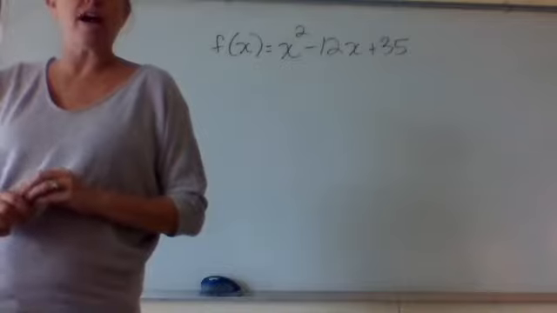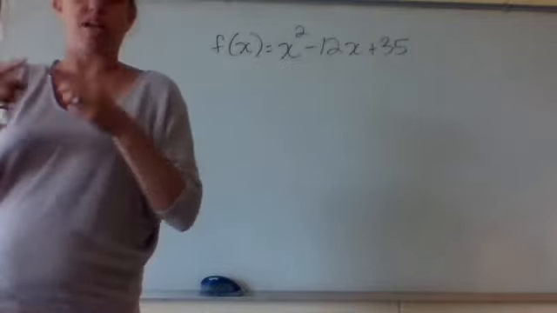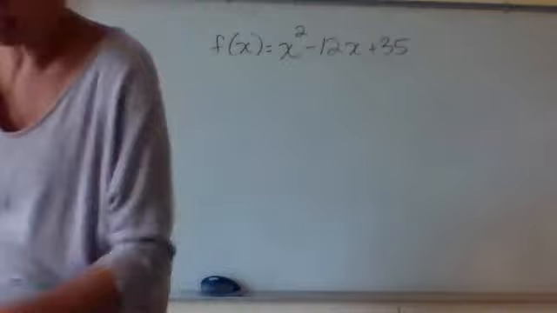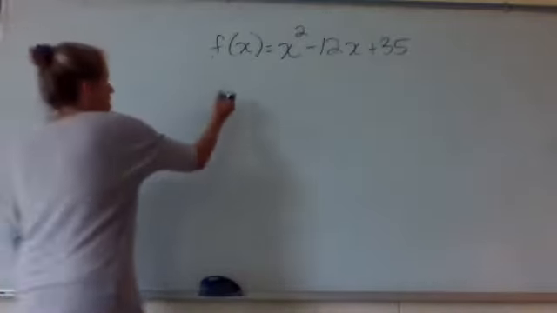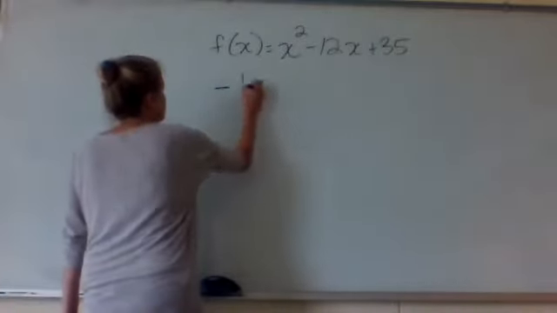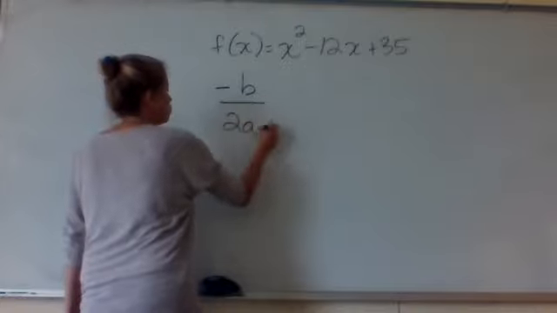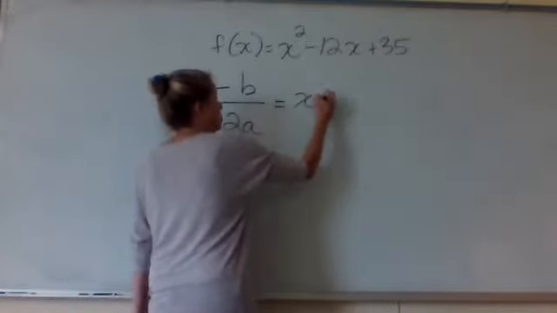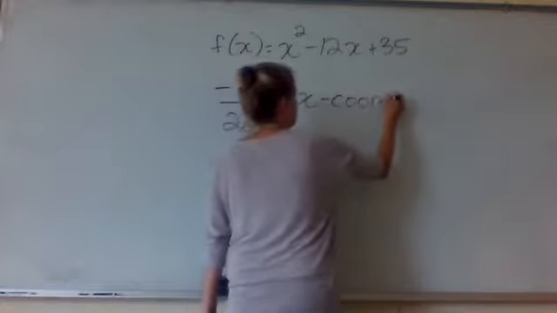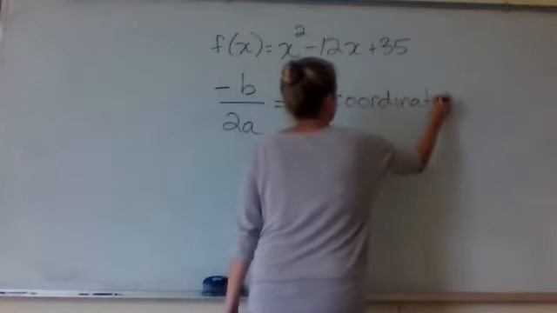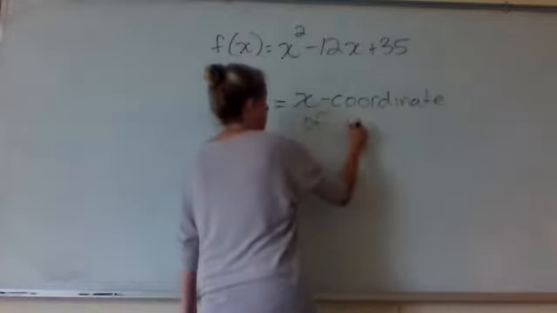Which means, where is the point where it changes direction? The way you find it algebraically is by using the opposite of b over 2a, which will give you the x coordinate of the vertex.